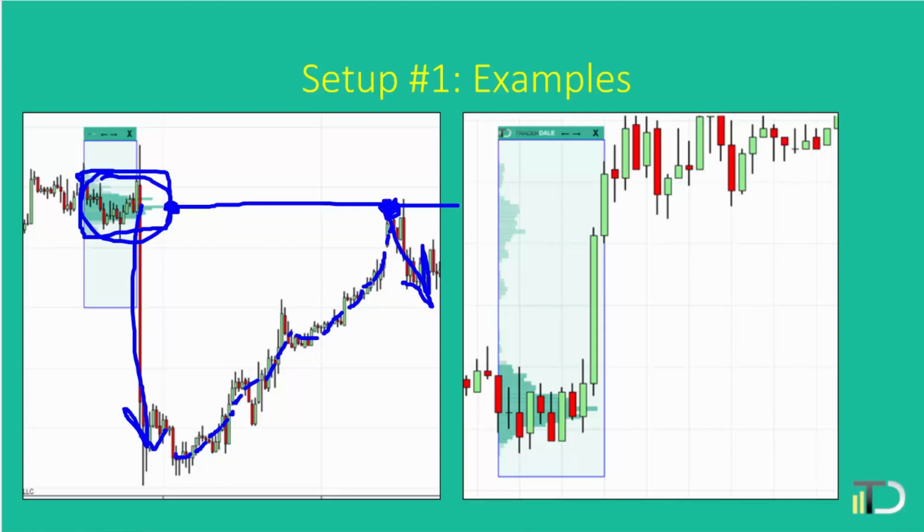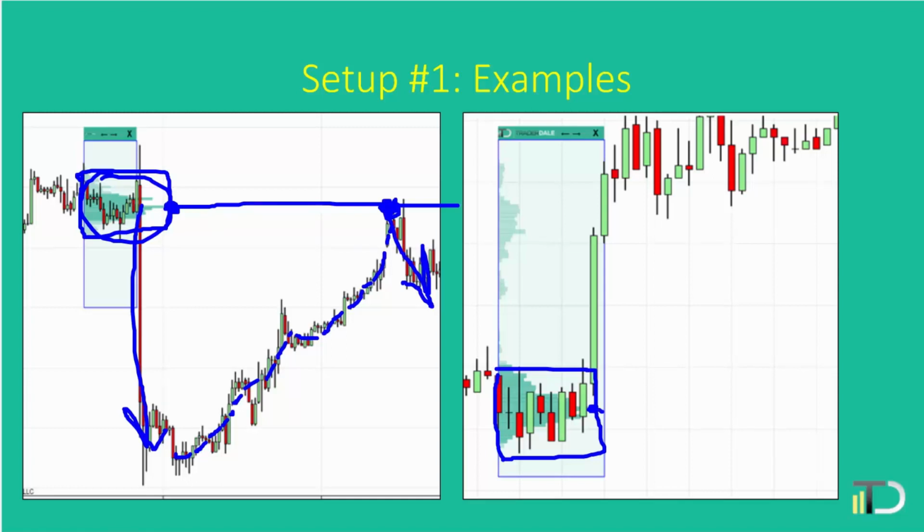In this case, you can see that there was a sideways price action right there. So again, you select the area with the sideways price action, and you look at the volumes within this area, and you see that the heaviest volumes accumulated in this area were right there. This is the place where the institutions placed most of their volumes.